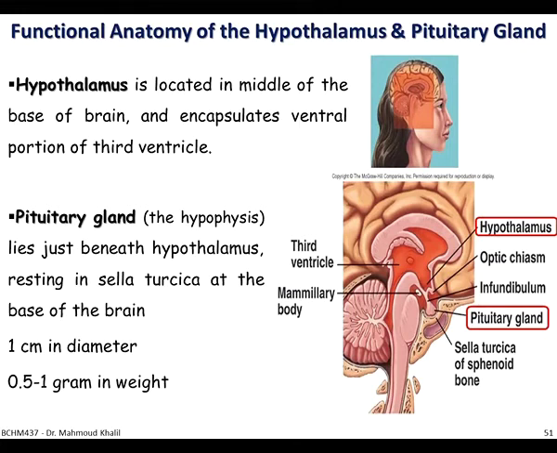Okay? So the pituitary gland lies just beneath the intersection of the two optic nerves that go to each eye. This figure shows the location of the hypothalamus and the pituitary gland, also called the hypophysis.